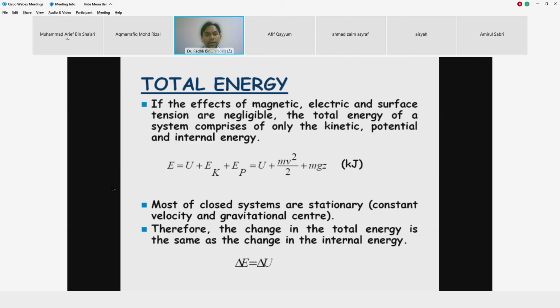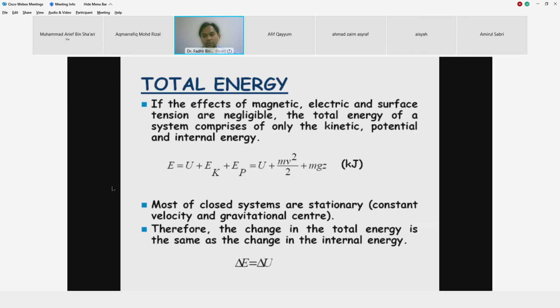So the total energy of the system that you are sitting in comprises only kinetic energy: you are moving, so you can calculate your kinetic energy. Potential energy: you are sitting above sea level, so you can calculate your potential energy. As long as you are in your room, you can calculate it, for example if you are sitting 1 meter above the floor.